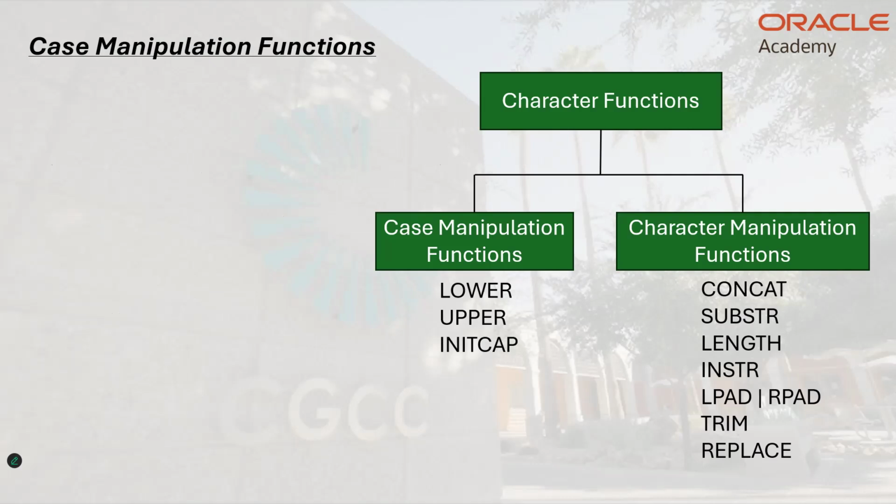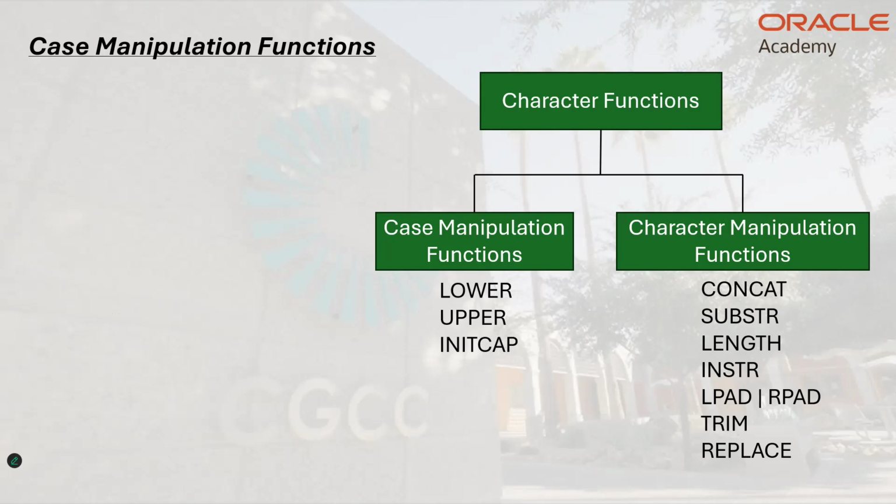Here, and I listed these before, is a pictorial representation of the character functions. You have the case manipulation, lower, upper, init cap, and then your long list, or maybe it's a short list, of character manipulation functions, and you'll see the difference between those when we go through these examples in a second. So that's concat. Remember concat.